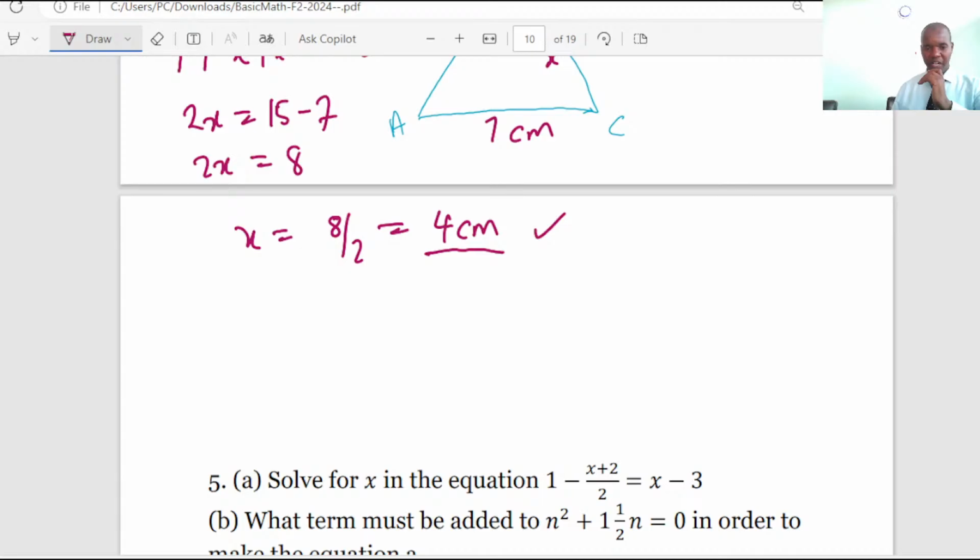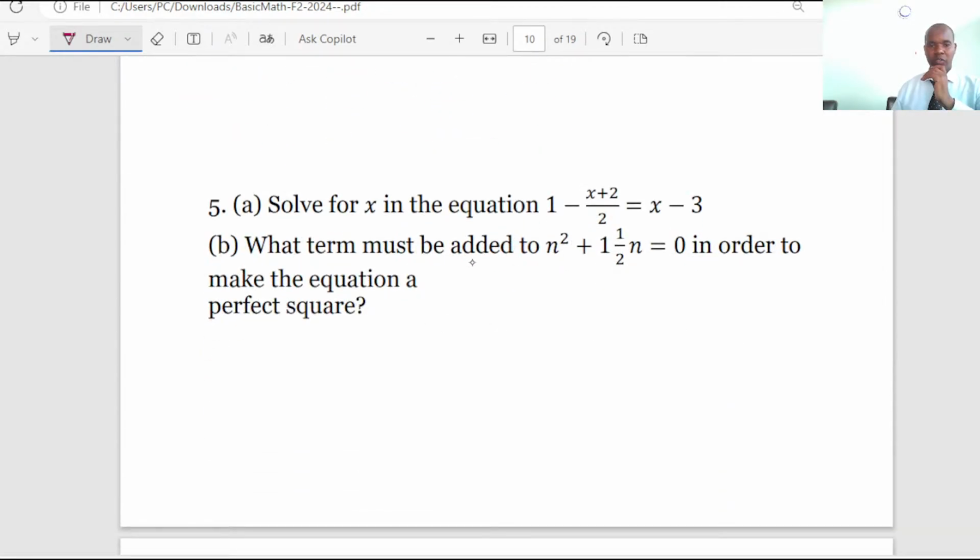So going to 5A, solve for x in the equation. So here we are starting with A. We have 1 minus (x plus 2) over 2 equals to x minus 3.